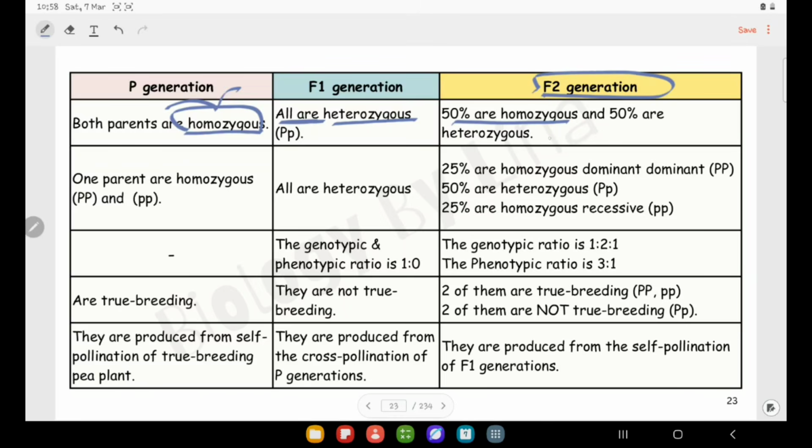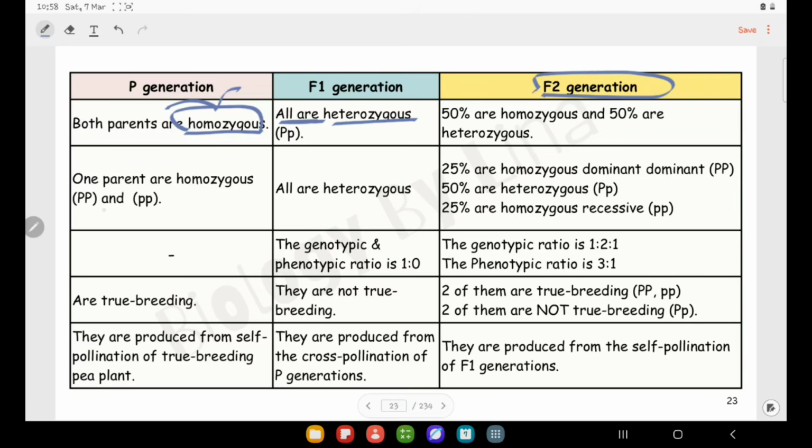Why? Because we know that one of them will be P capital, P capital. Two of them will be P capital, P small, and one of them will be P small, P small. So this one with this one, both of them will be homo, and these two are hetero. So we can say 50% are homo and 50% are hetero or hybrid.